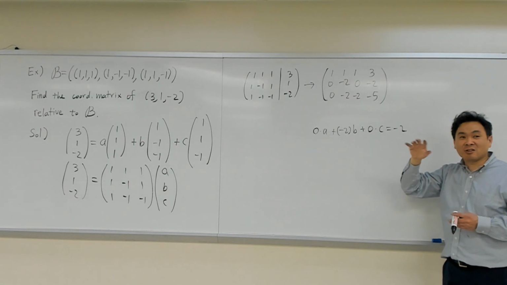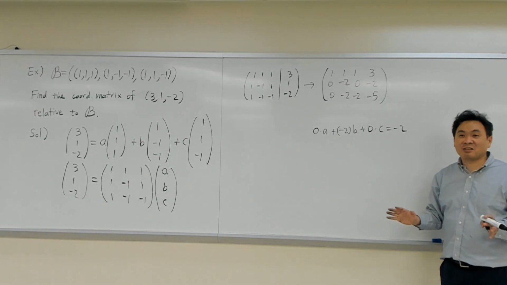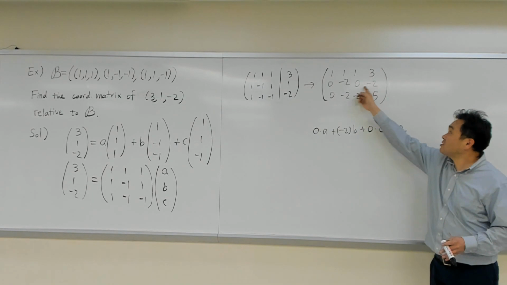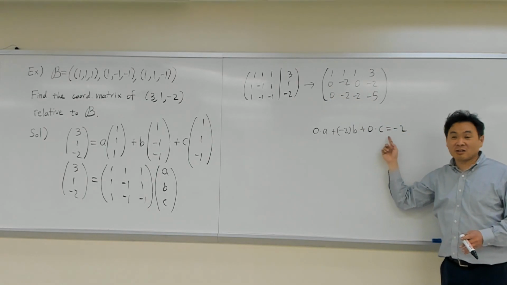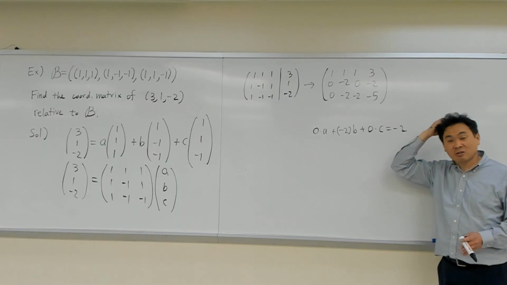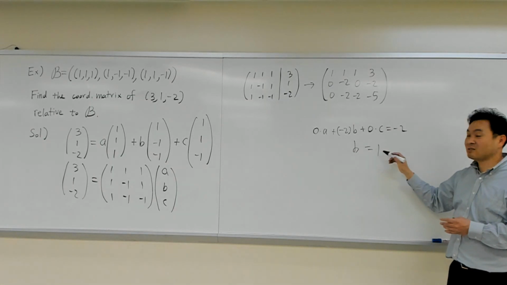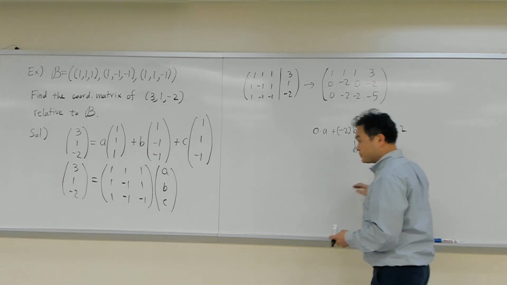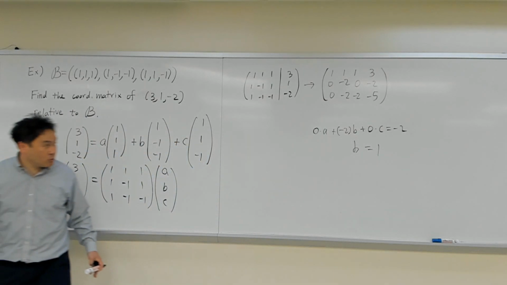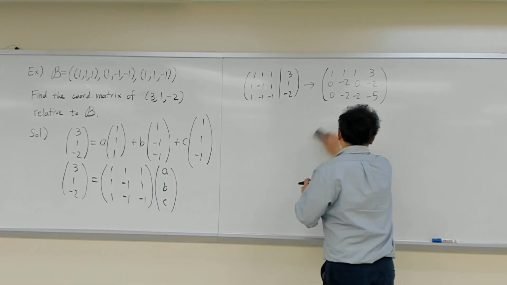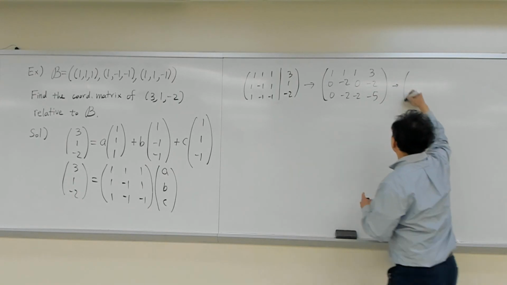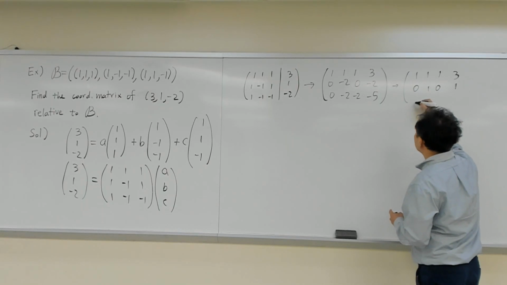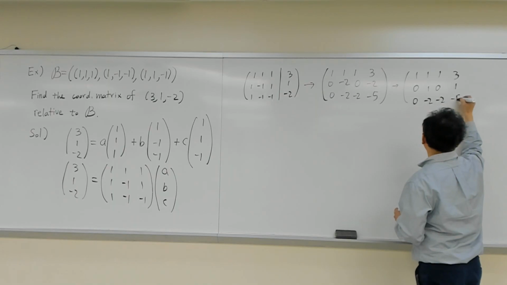The textbooks don't tell you that, but if you really understood where the row operations come from, this is what's happening. You're dividing both sides by -2 to turn this into B equals 1. So let's divide both sides by -2, and you get 1, 1, 1, 3, 0, 1, 0, 1, 0, -2, -2, -5.